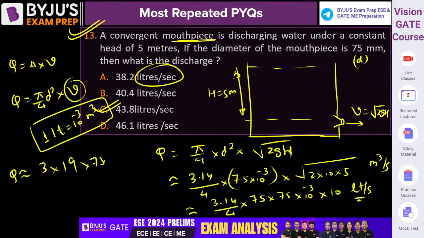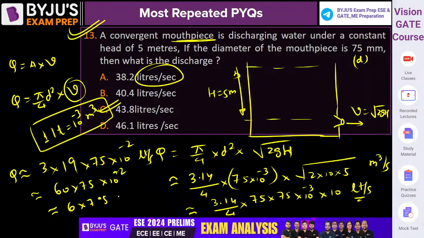Into 75 into 10 to the power minus 2 liter per second. 6 into 75 into 10 to the power minus 2. So it will be around 6 into 7.5. It will be something around 6 into 7.5 liter per second.